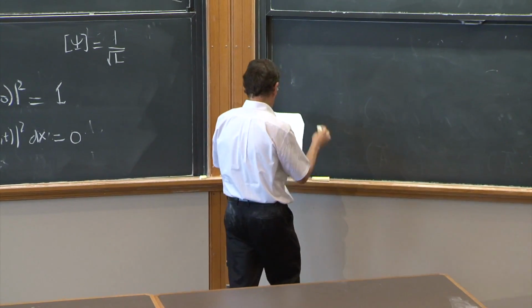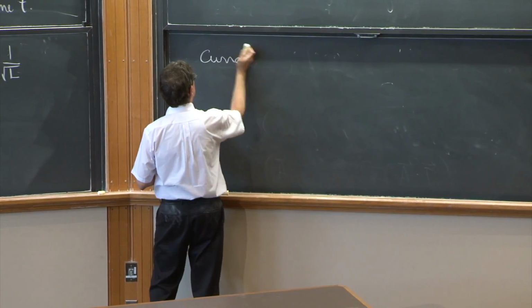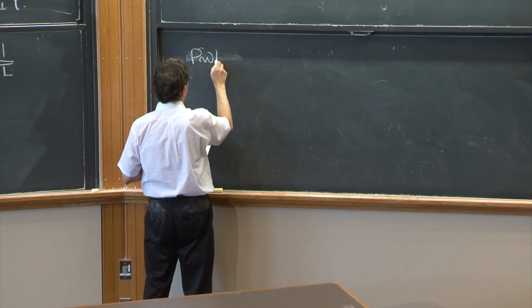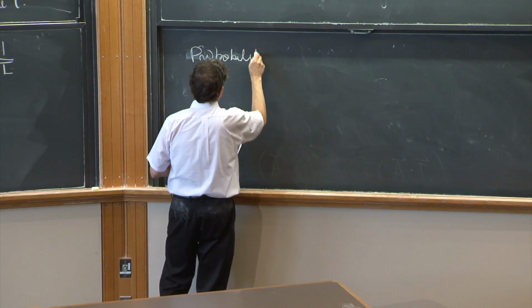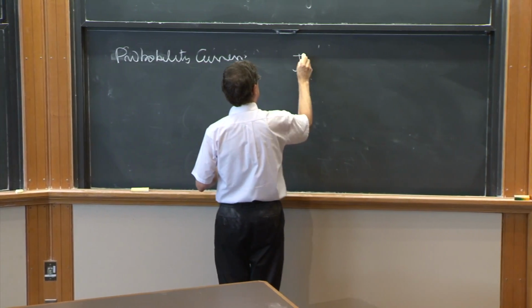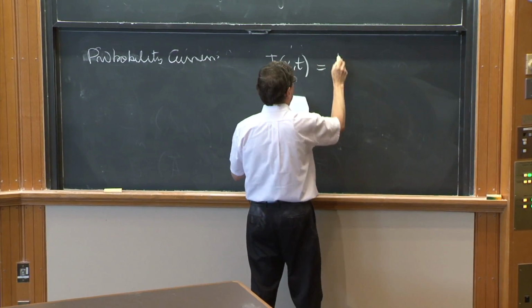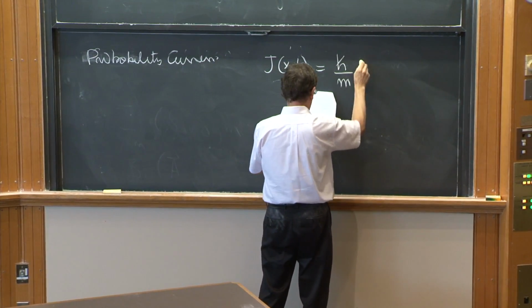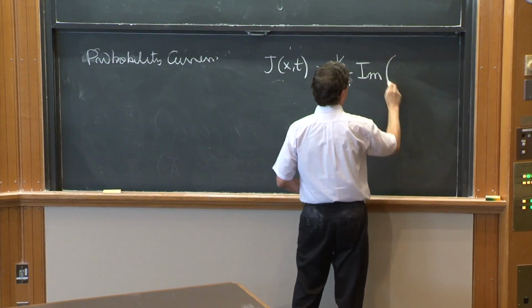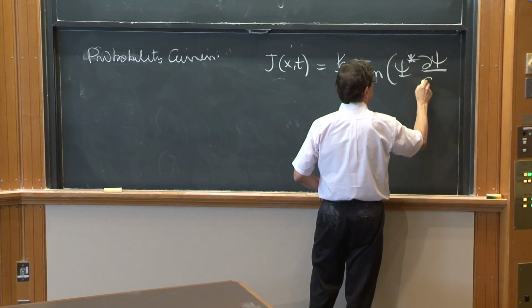I want to remind you of another concept called the probability current. What is it? It's a j of x and t that, as you will review in the homework, is given by h-bar over m, the imaginary part of psi star d psi dx.